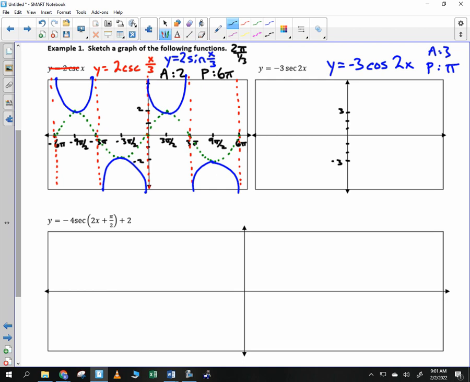Notice how I try to leave space to see the rest. Period is pi. What's pi divided by 2? Pi over 2. What's half of pi over 2? Pi over 4. So what's the third tick mark? 3 pi over 4.